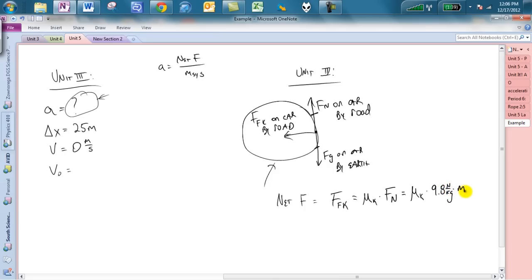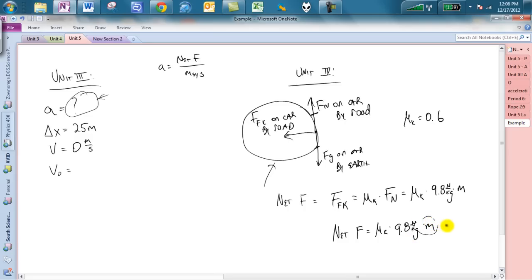So I really have an equation that is equal to mu sub k times 9.8 newtons per kilogram times mass. I can plug in for my mu sub k because I do know that. That is 0.6. And so really, I have an equation that has mass in it.